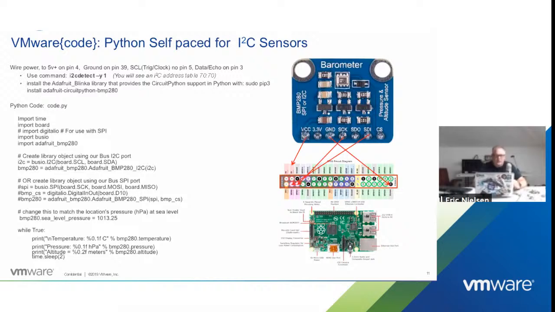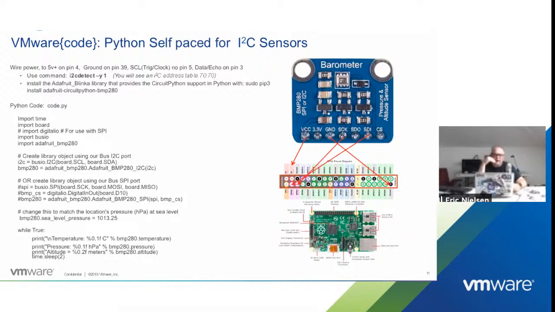Python code, just call it code.py. Again, we import the time library because I would normally go to sleep when I'm sitting in my loop. I import the board library. I'm going to use the board to reference the pin numbers. I have to import a busio library.